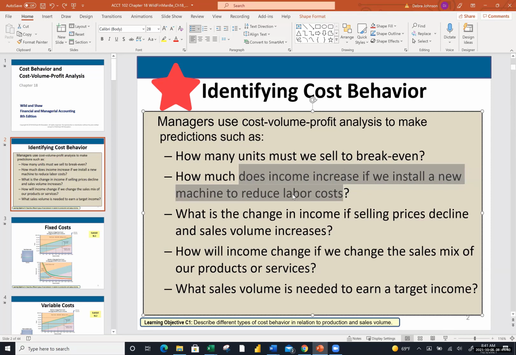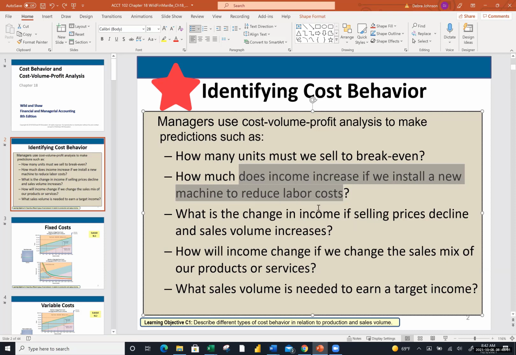What if I installed a big machine and paid $1 million for it, but could reduce my labor costs? A big one I just finished helping a company with: should we expand our production to Mexico, and what's going to happen with our net income if we do?